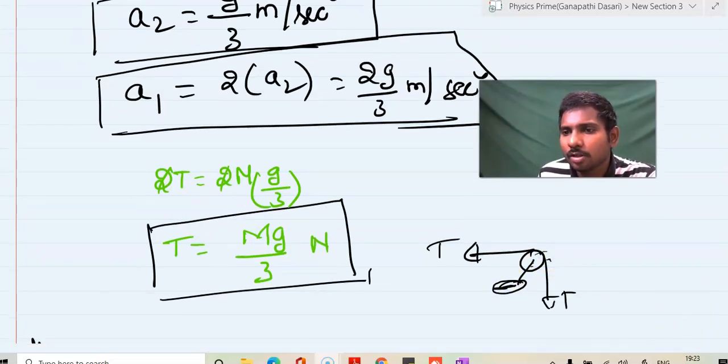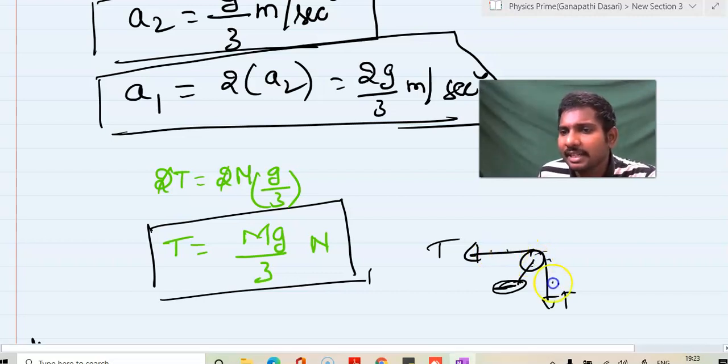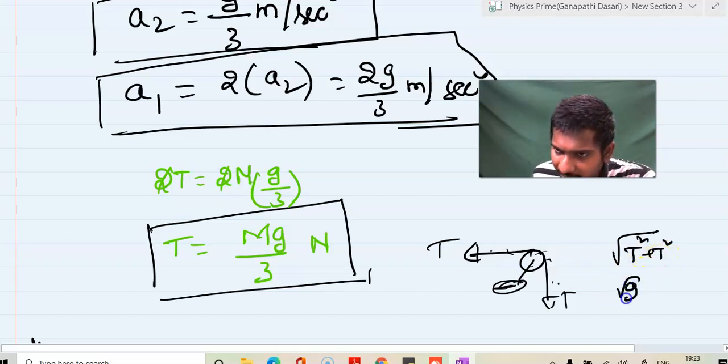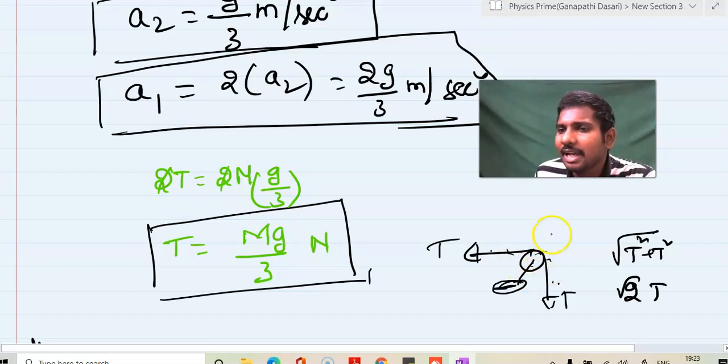So the clamp is exerting force only on the pulley. T and T are connected to this pulley. So the resultant will be root over T square plus T square, and both of them are at an angle of 90. So root 2T is the net force exerted by the clamp on the pulley to make the net force 0.